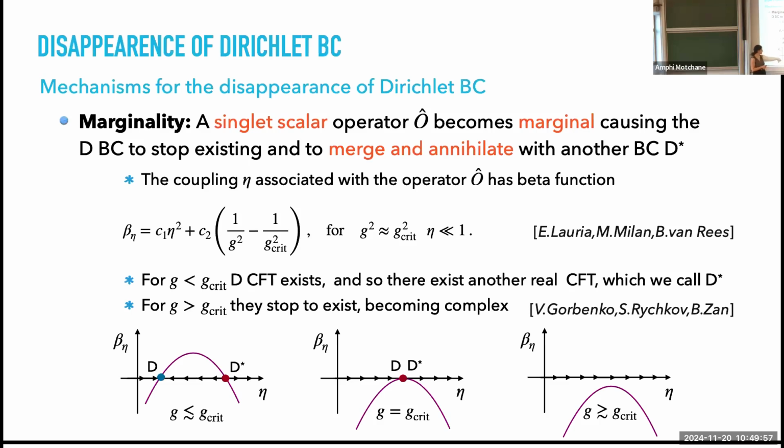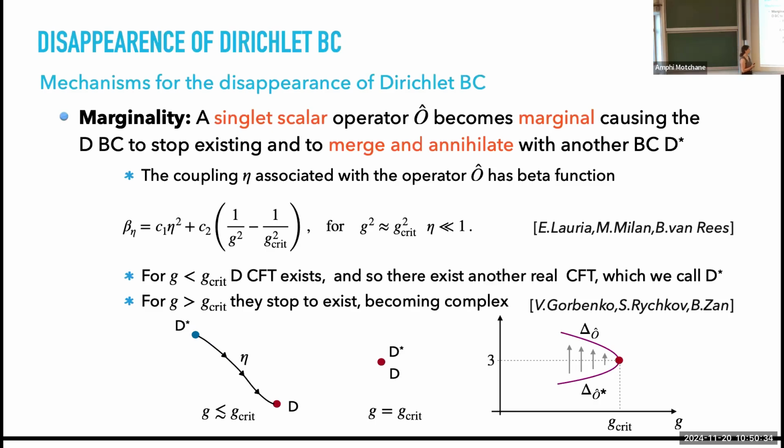For G less than G critical, we have a quadratic expression with two solutions. When G gets equal to G critical, the two CFTs merge. And when G gets larger than G critical, the parabola goes below the x-axis, and so the two CFTs disappear.